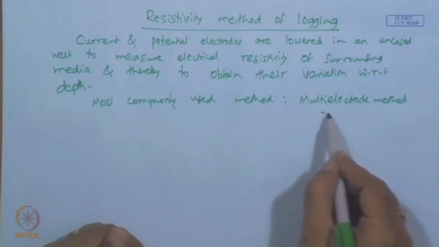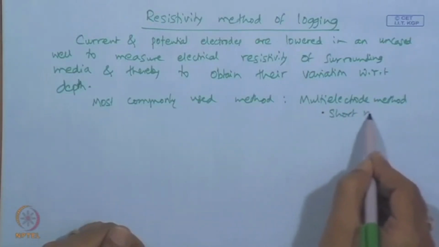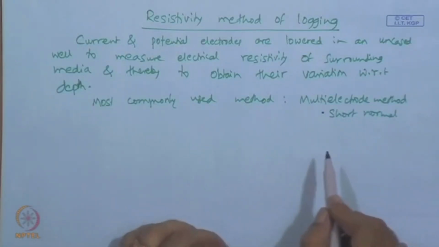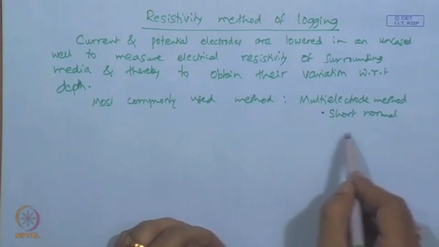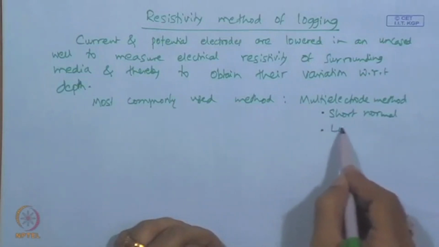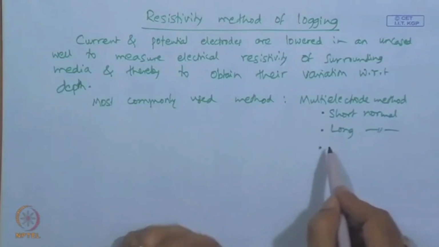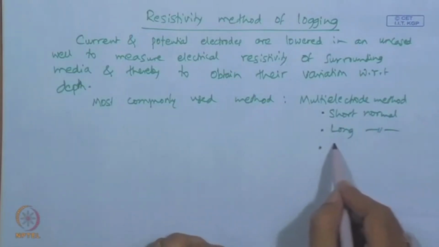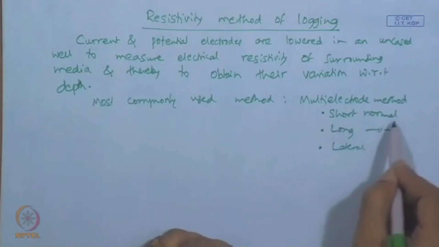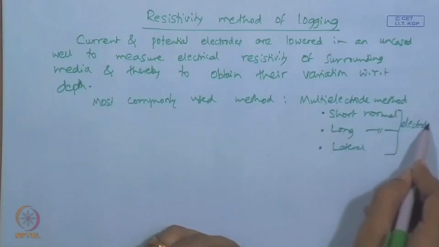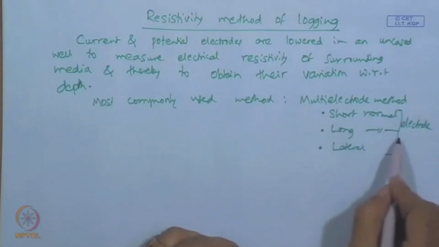So within this, the short normal electrode arrangement, then the long normal electrode arrangement, and then the lateral. So, these are the electrode arrangements.